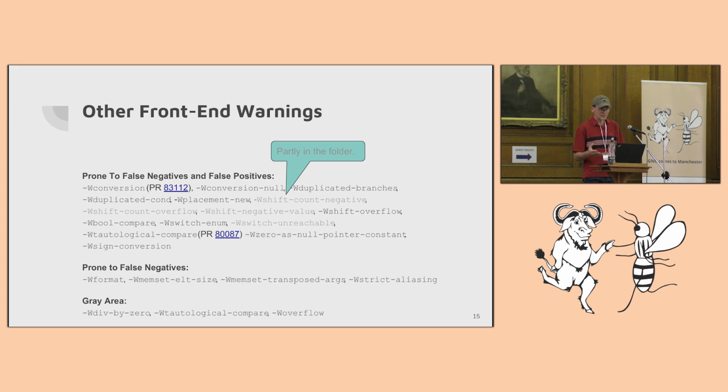You can see that some collaboration between the front end and the folder is required in order to get a decent rate of false positives and a decent rate of true positives. As we'll see in some examples later, implementing a warning in the front end primarily and trying to utilize the folder is not sufficient to avoid all false positives, and certainly not false negatives.